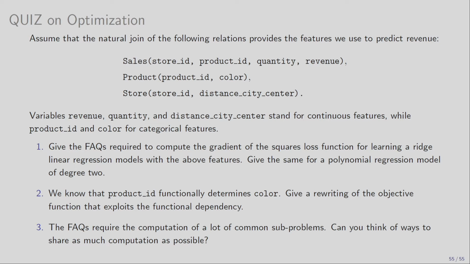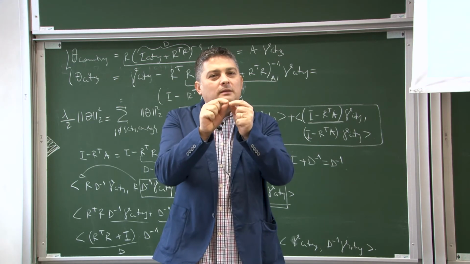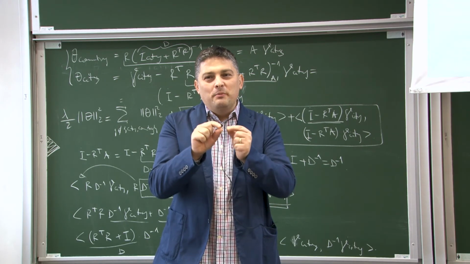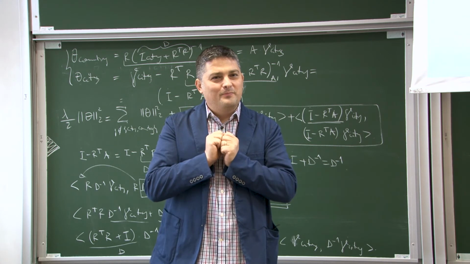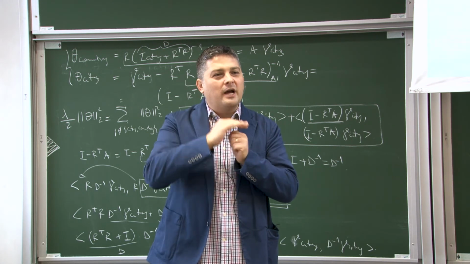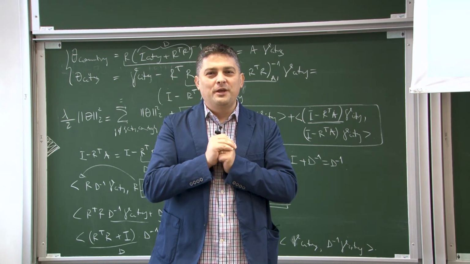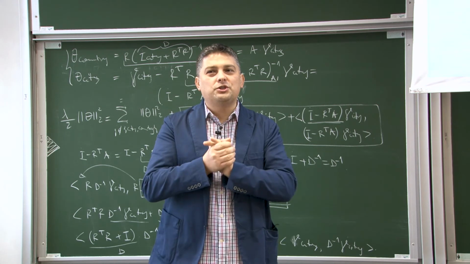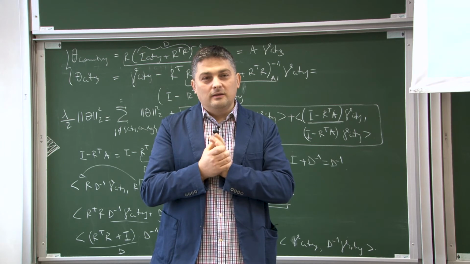Because these aggregates are over the same join, you may break them down into little pieces, and you may share these little pieces across them, so that you don't have to compute each aggregate individually. You see? You may be able to reuse computation across them. And that is the thing.